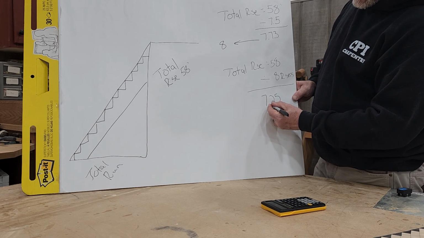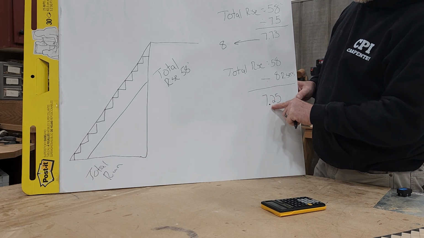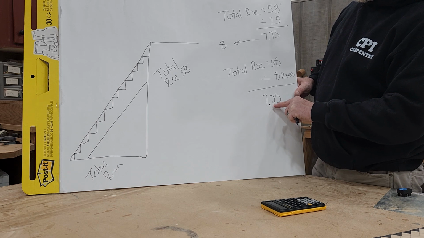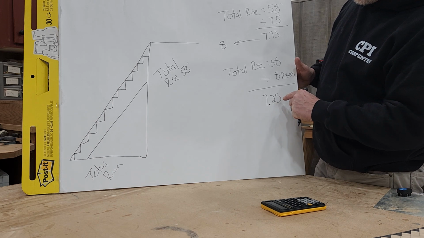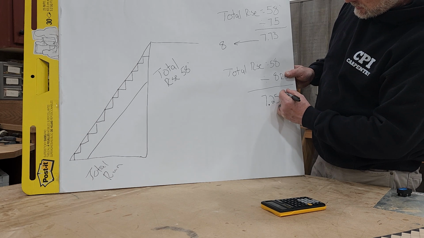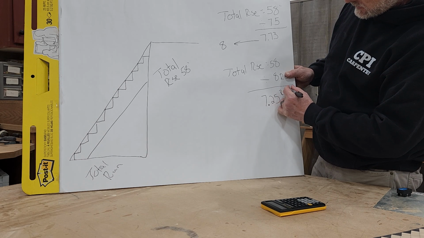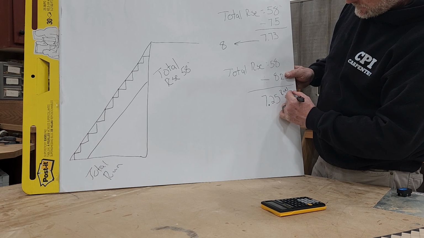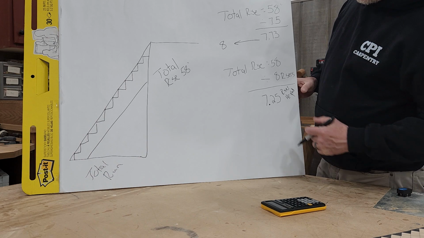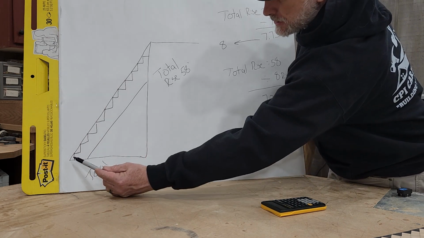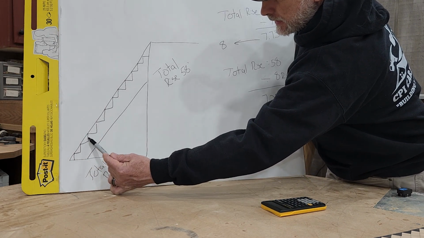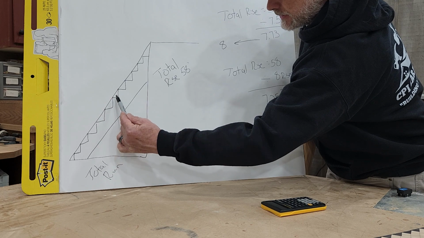This number is a representation in inches, so this is my actual riser height. What that is saying is each one of these risers is 7.25 inches.